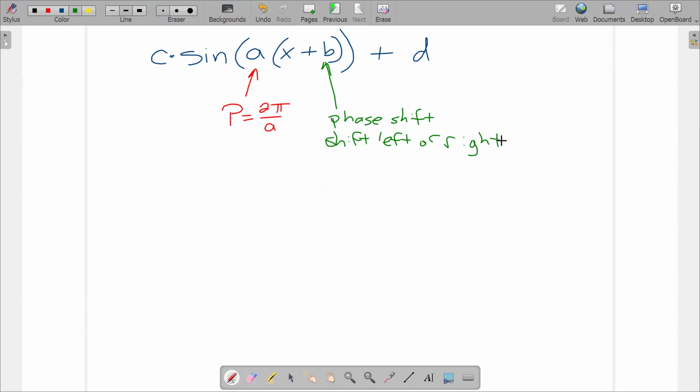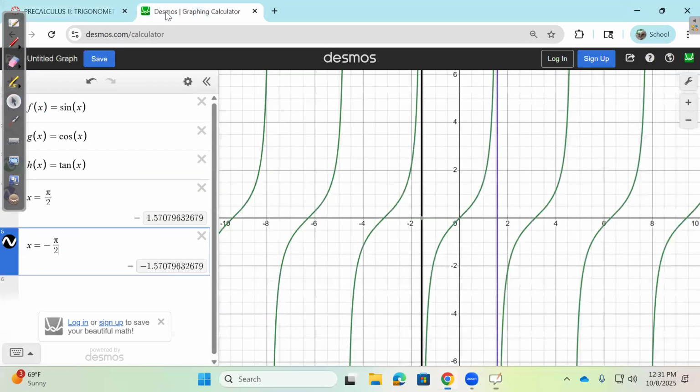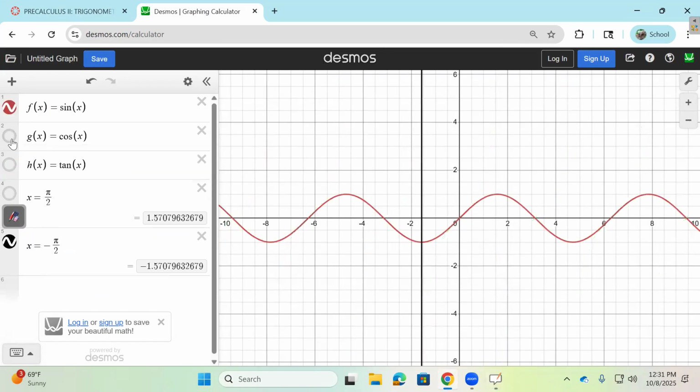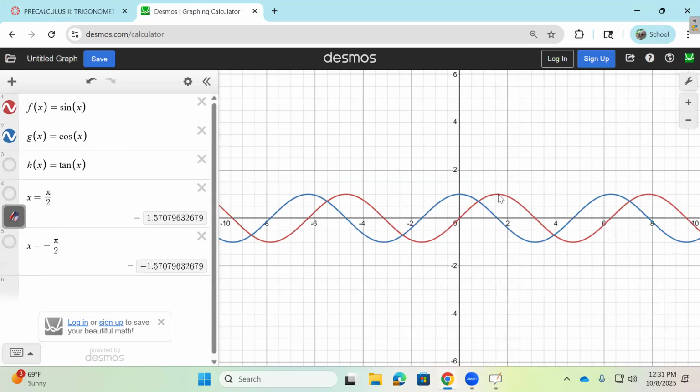So for example, the cosine can be viewed as a shift of the sine. If we look at those two graphs, let's turn some of the other ones off. So the cosine is in blue, the sine is in red. And if I were to take that sine and shift it left by pi over 2, then I would get the cosine.